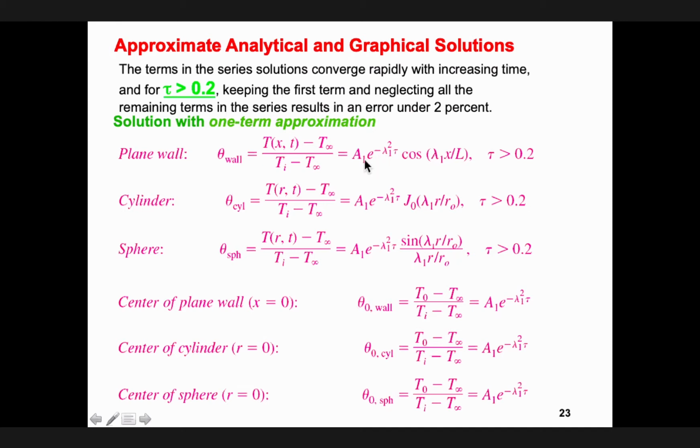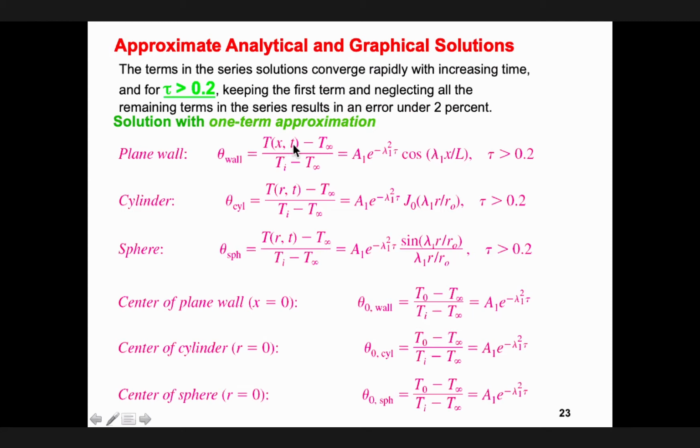These two, lambda and A1, are functions of the Biot number. Therefore, in your textbook, there is Table 4.2. Write it down here, 4.2. You calculate the Biot number, and then from that table you get the values of A1 and lambda 1, okay?